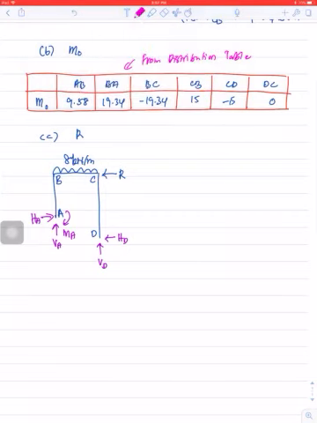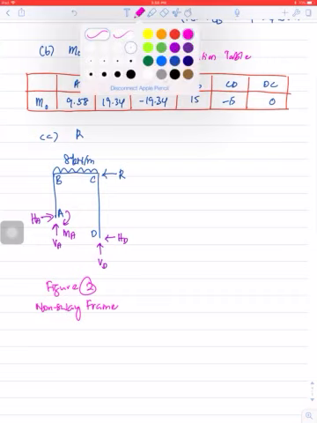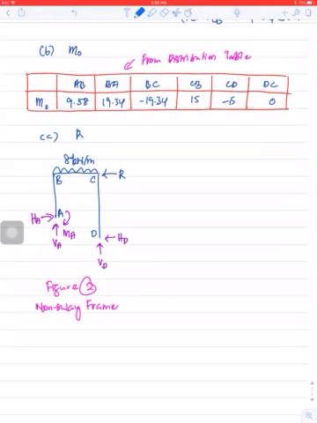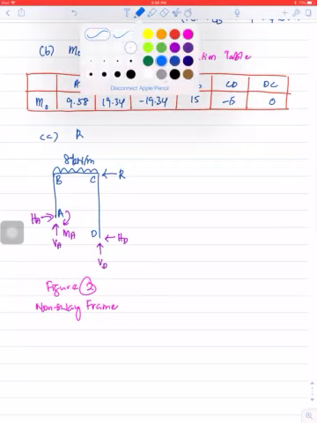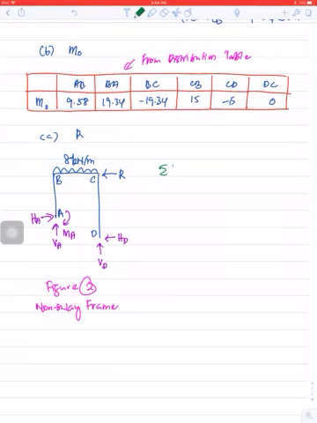Okay, this is the diagram for figure 2, the non-sway frame. From this we will produce this equation. Sum of Fx is equal to 0, since we have to determine the R value, so the total Fx is equal to 0.